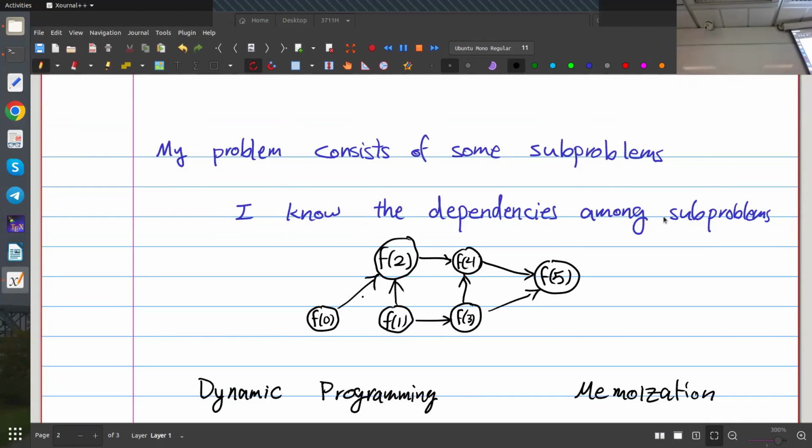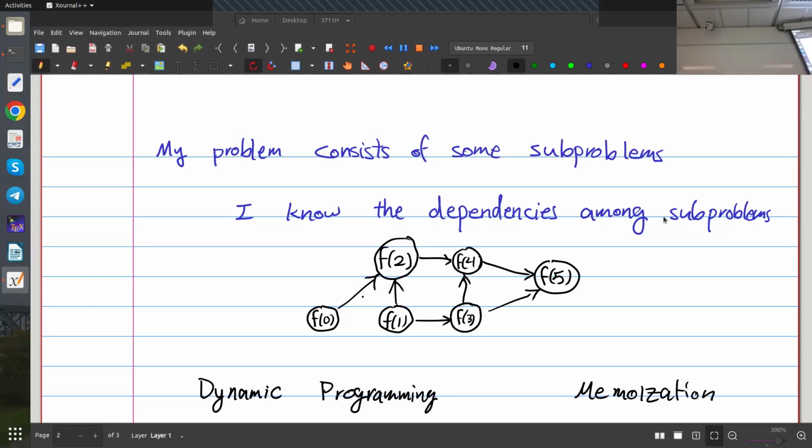So recursion is optimal if the path from each of my subproblems to the final problem is unique. If I have only one path from each subproblem to the final problem, then my recursion will calculate the result of that subproblem only once. And then I don't need to do dynamic programming or memoization or any of these things. And in this case, this doesn't hold, right?